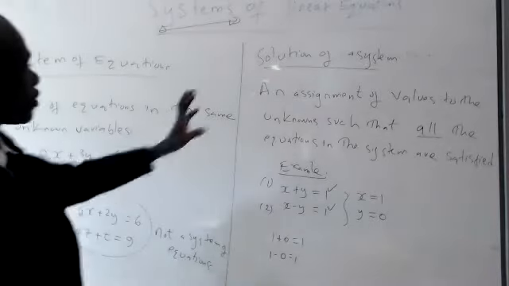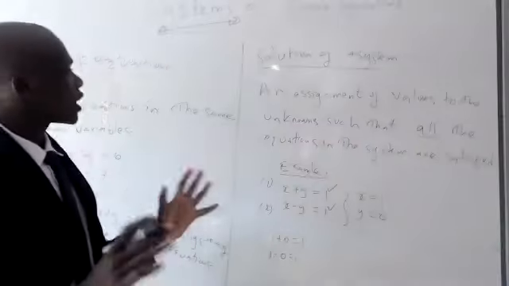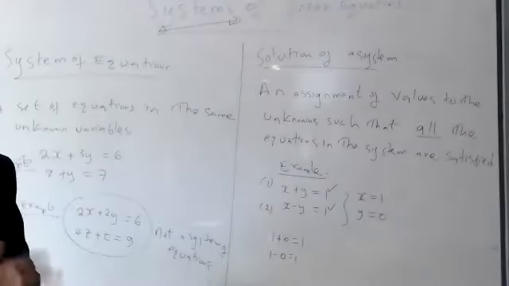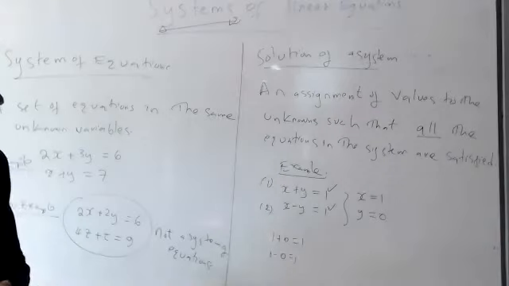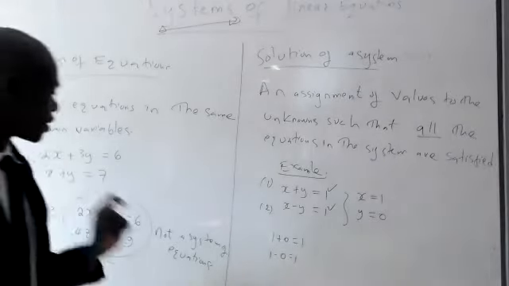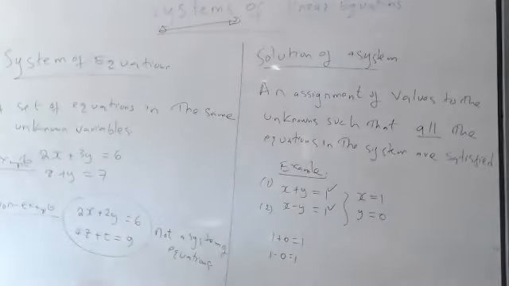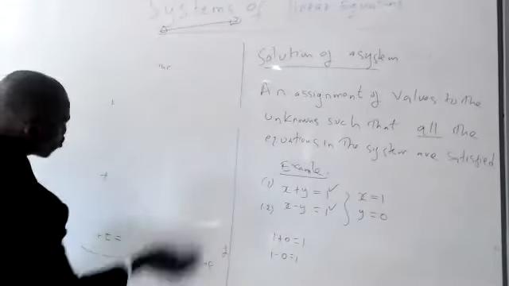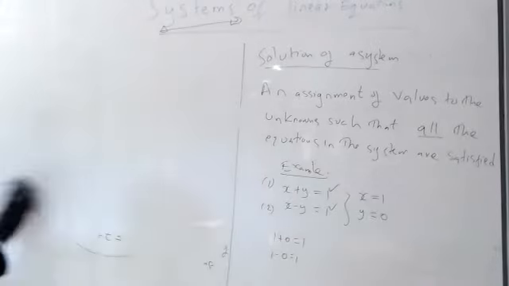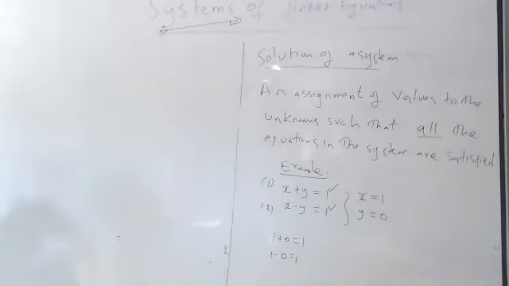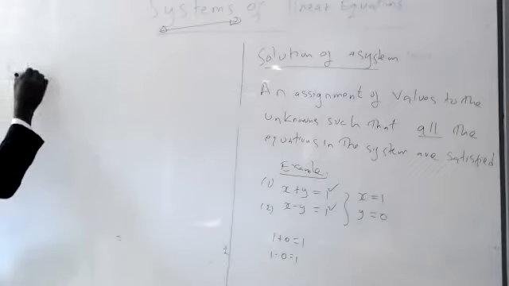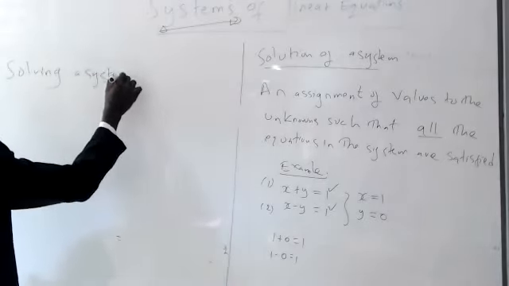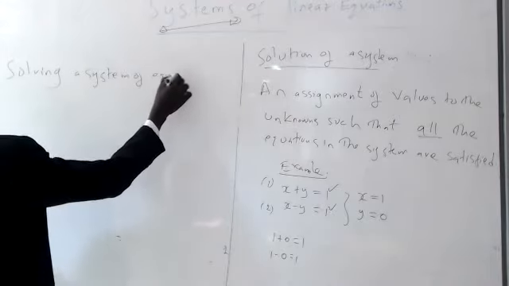So for a solution of a system, you're simply looking for a set of values which, if you assign them to the unknowns, all the equations in the system will be satisfied. The last definition of the day is solving a system of equations.